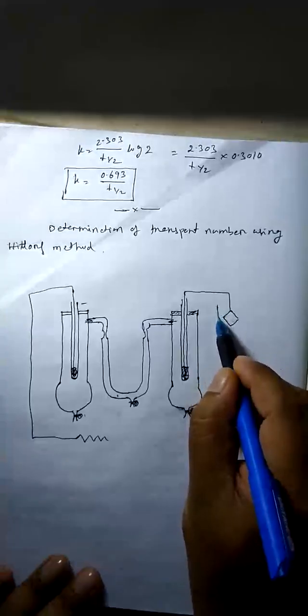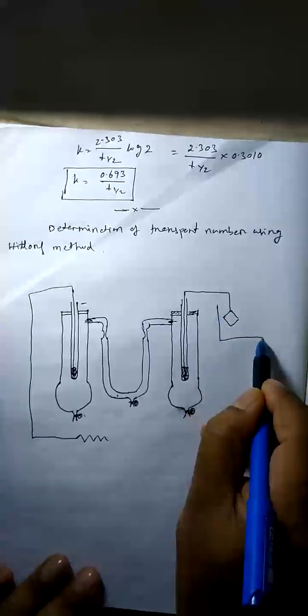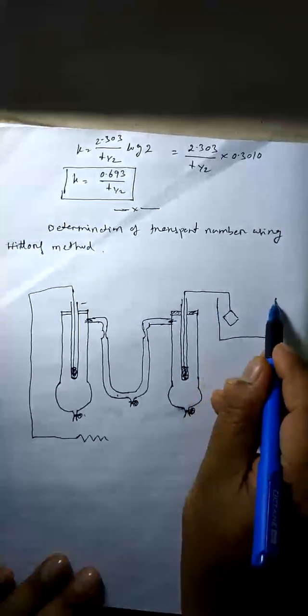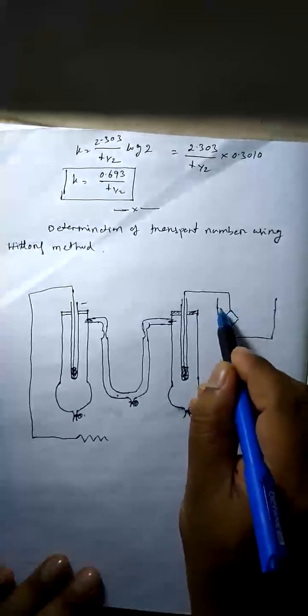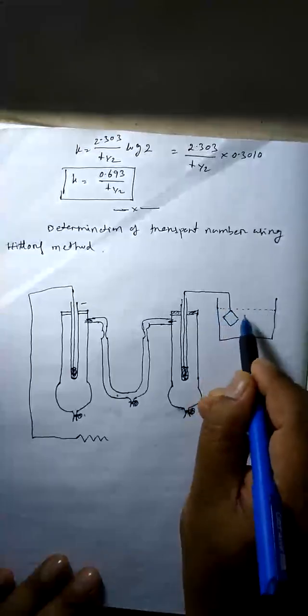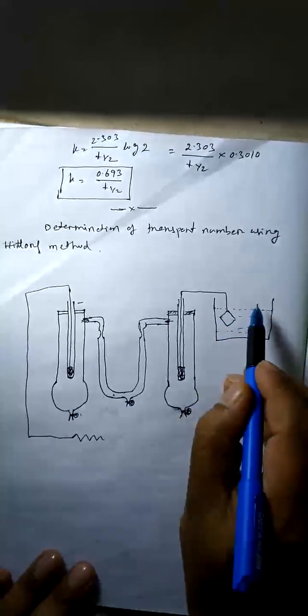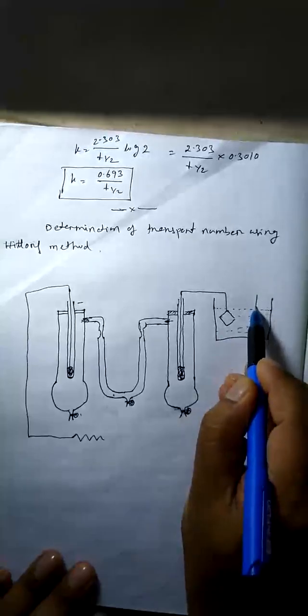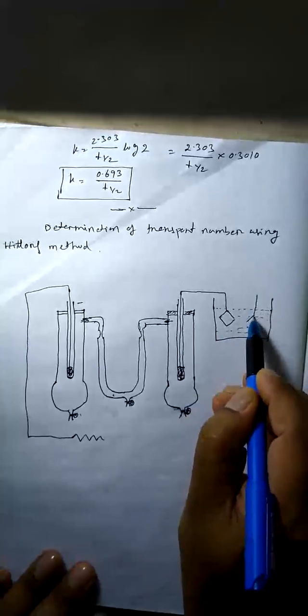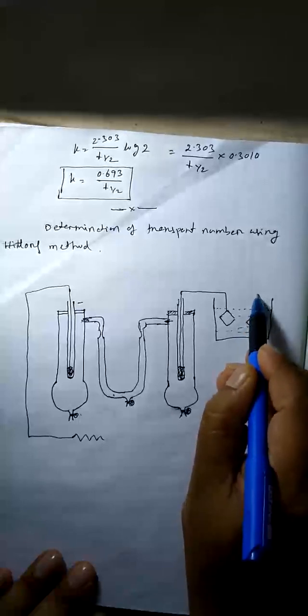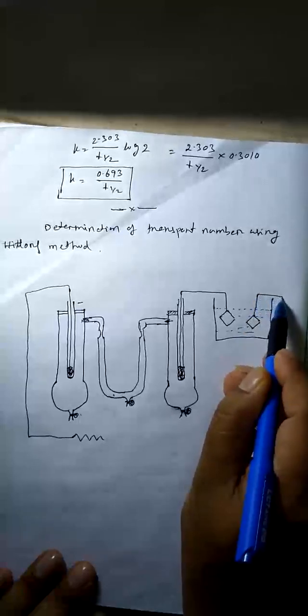The copper coulometer is a container from which we can find out the amount deposited. Suppose this is the copper coulometer; it contains copper sulfate and a copper anode and cathode.